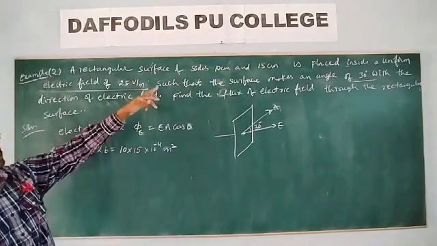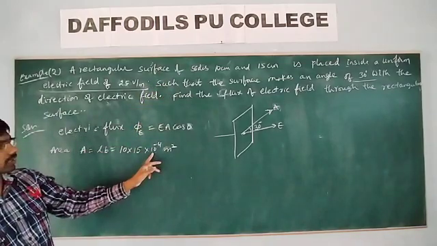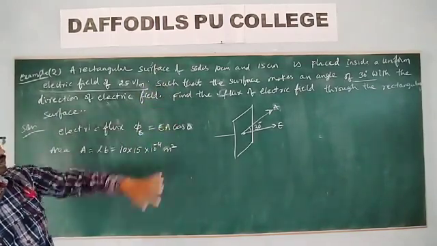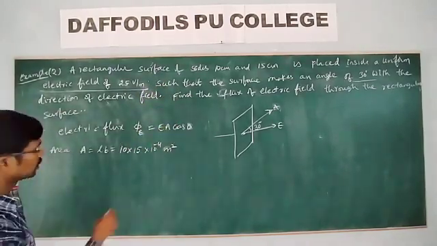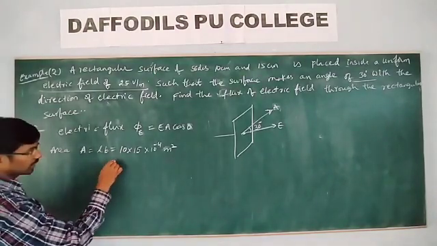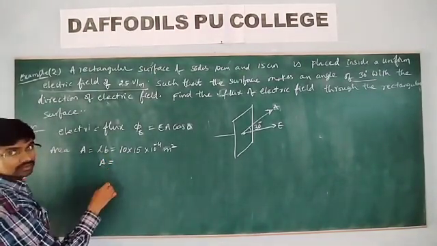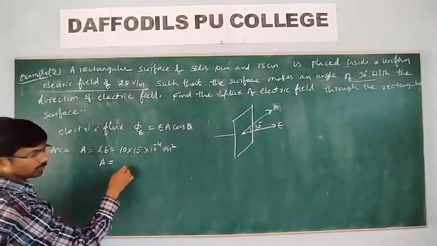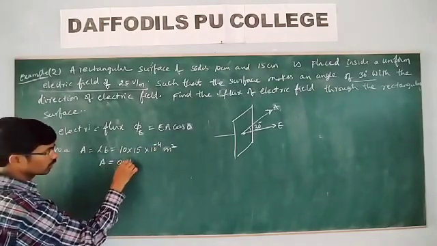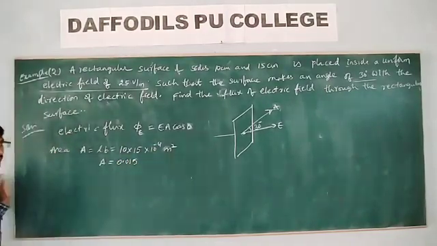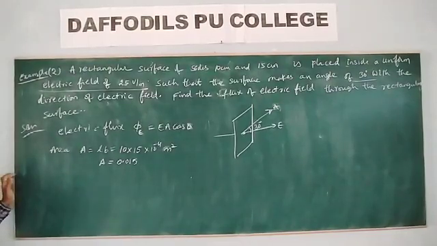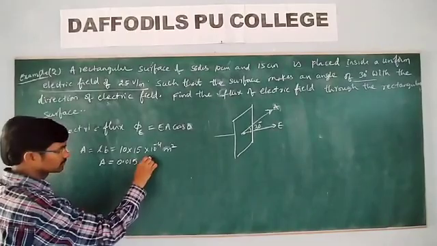into 10 power minus 4 meter square. So 10 centimeter is converted into meter, and here also 15 centimeter is converted into meter. Now 10 power minus 4, 10 into 15 what is that? 150. Then 150 into 10 power minus 4 is 0.015 meter square.